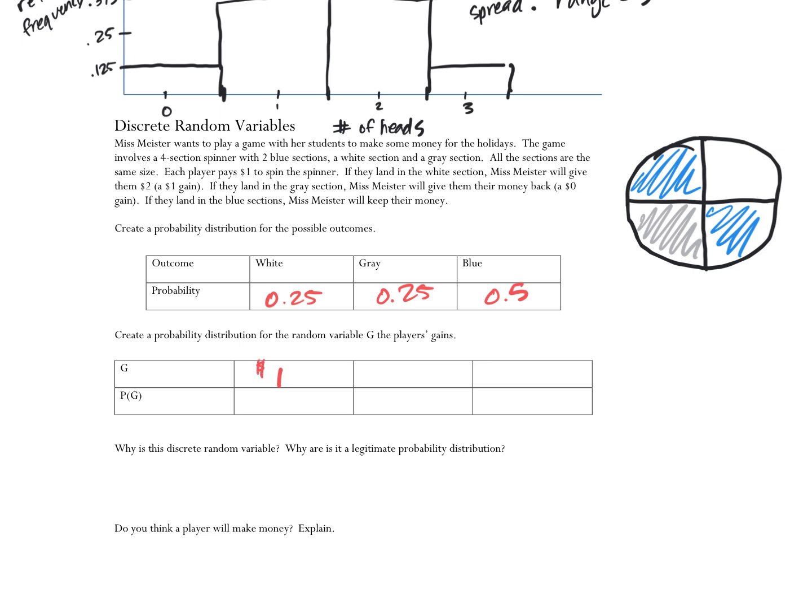If the spinner lands in gray, you get your $1 back, so your gain would be $0. If it lands in blue, I get to keep your $1, so your gain would be -$1.